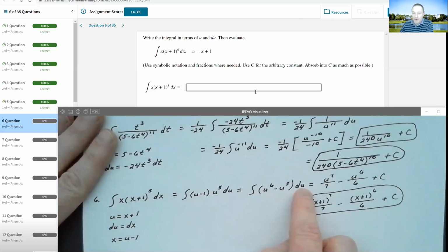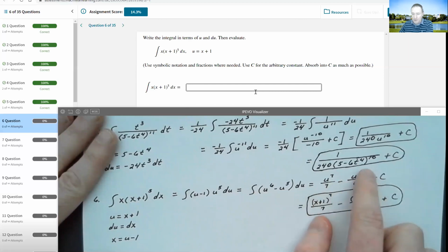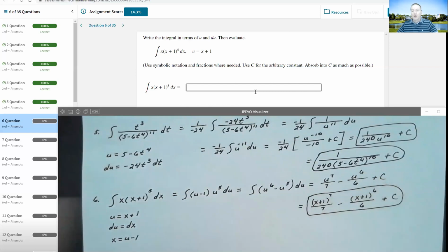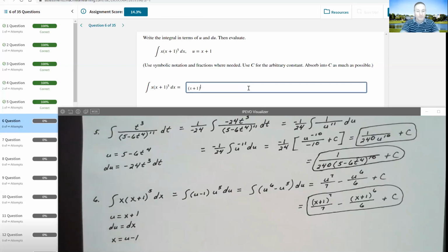Now we'll use the power rule to integrate. First term becomes u to the 7th over 7. The second one, u to the 6th over 6, plus our constant of integration. So now when we put that back into terms of x, we're going to have the group x plus 1 raised to the 7th power, divided by 7.